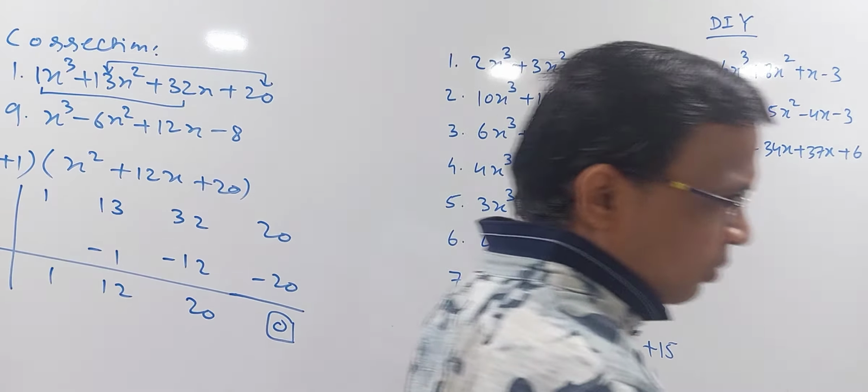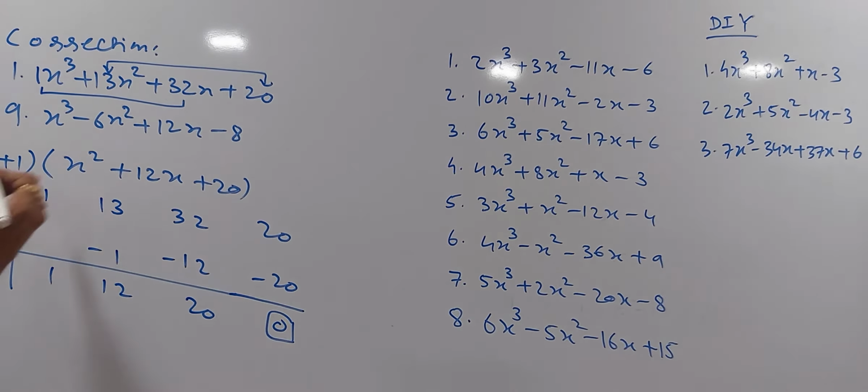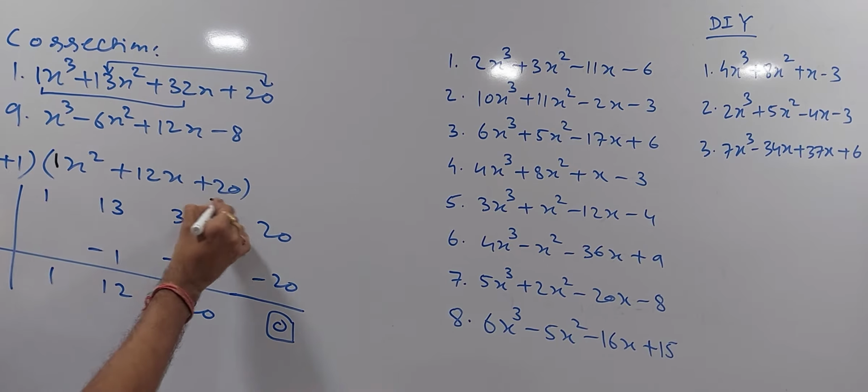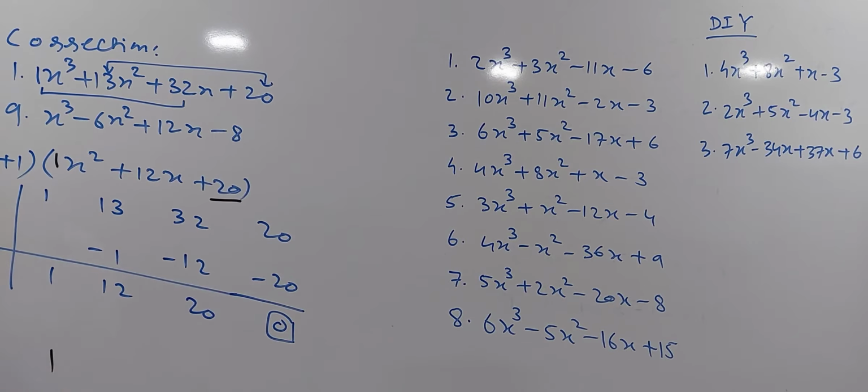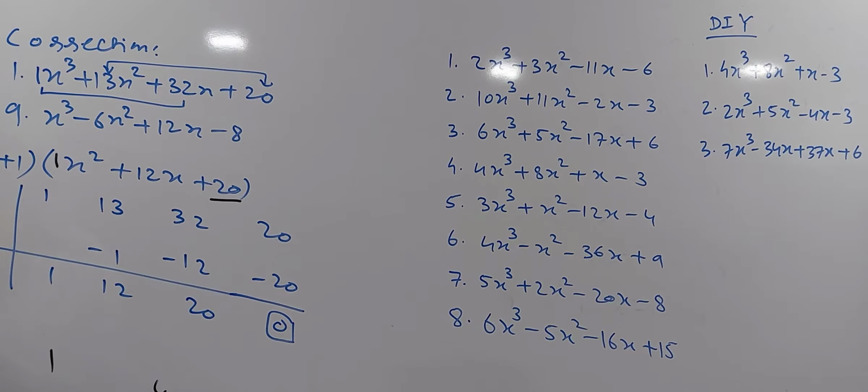But it's a quadratic. We can convert this into linear form with the crisscross rule. So here it is x square, and let me use the crisscross over here. The coefficient of x square is 1, and the constant is 20. So I can write down 1 and 1, because the factor of 1 is 1 only. And in case of 20, let me write down say 4 and 5. We know that this is attached with x. Do the crisscross: this gives me 5x and this gives me 4x. So 5 and 4 will never give me plus 12. In that case I will try some other arrangement.